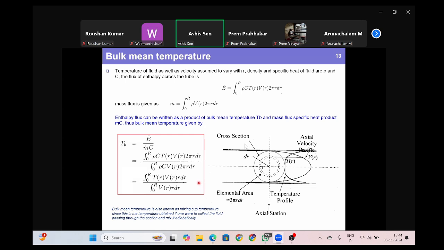What is the physical meaning of bulk mean temperature? Bulk mean temperature is also known as mixing cup temperature. That means the fluid is flowing through the tube.